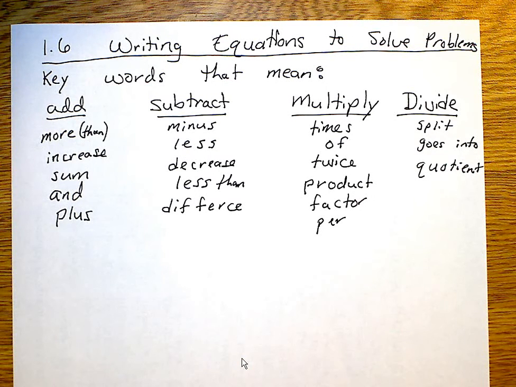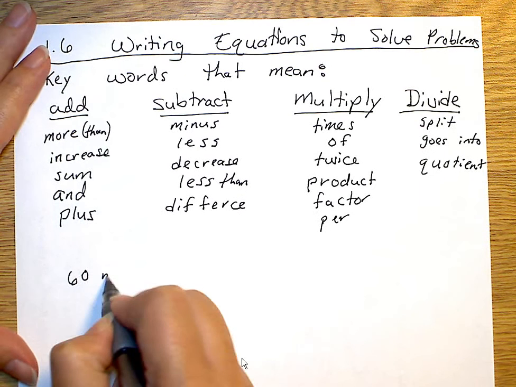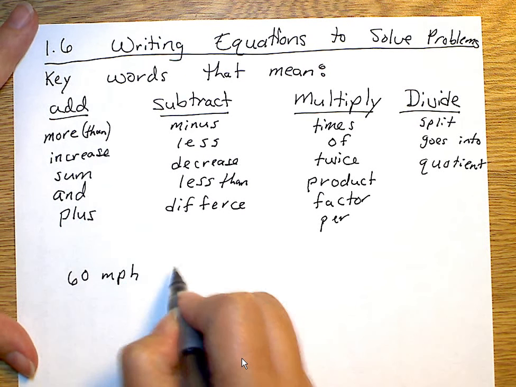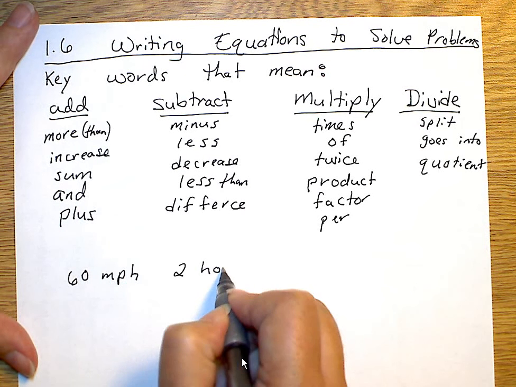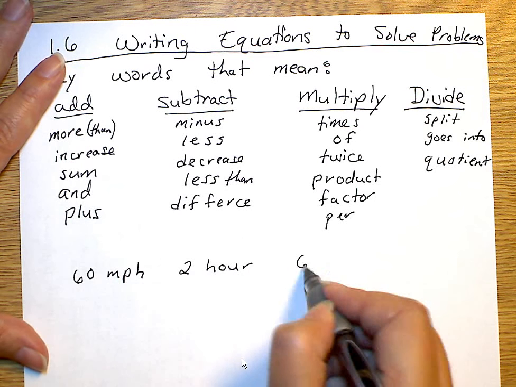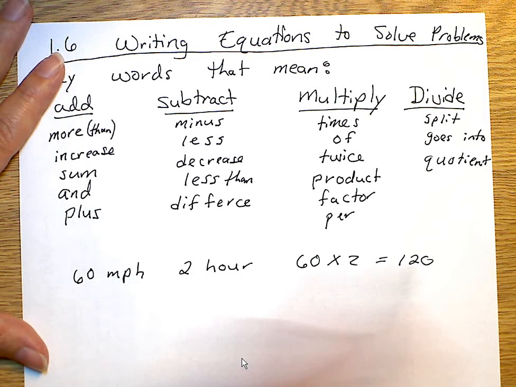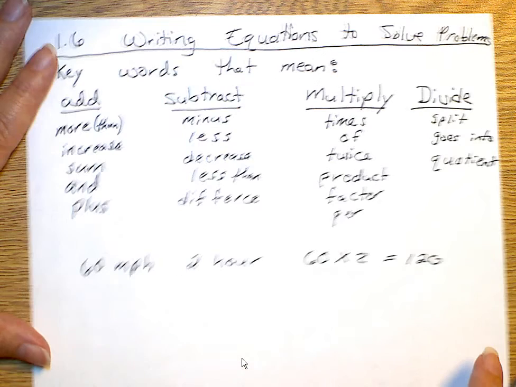So if you were driving 60 miles an hour and you drove for 2 hours, how many miles did you drive? 120, because you multiply 60 times 2, so you would go 120 miles.